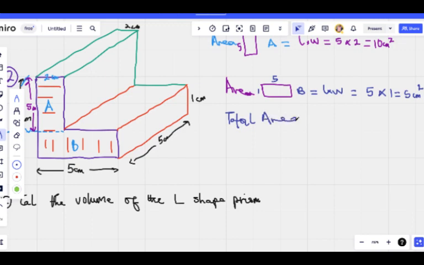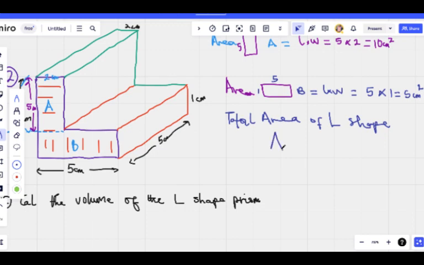Total area of L shape will be what? 10 centimeters square plus 5 centimeters square. That means area A plus area B, right?